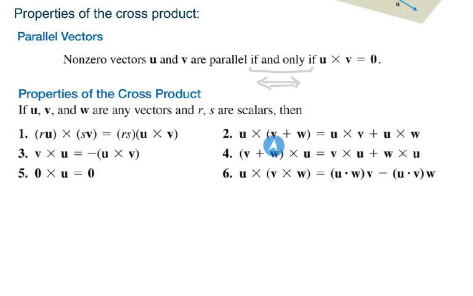Then, u cross the sum of v and w, essentially that cross product is distributing: u cross v plus u cross w.